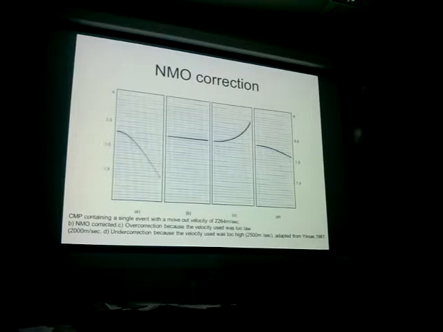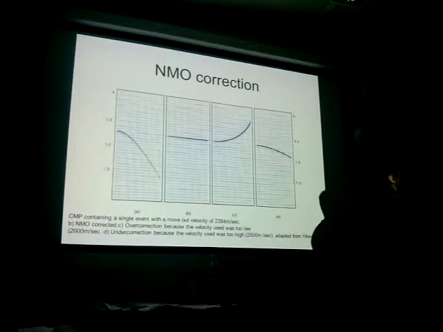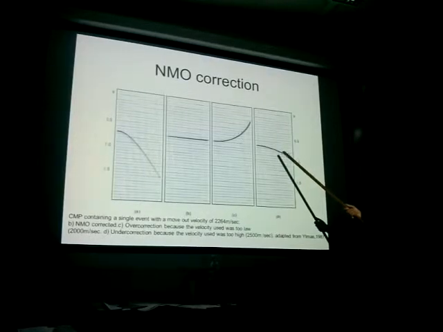Now, that's where the multiples game starts. Suppose you have a hyperbolic function like that. You are a geologist, you say, yes, it's a reflection, so the velocity needs to be bigger than 1,500 meters per second. You start to assign the velocity 1,600, 1,700, 1,800, 1,900, 2,000, whatever, and the result is still something like that.